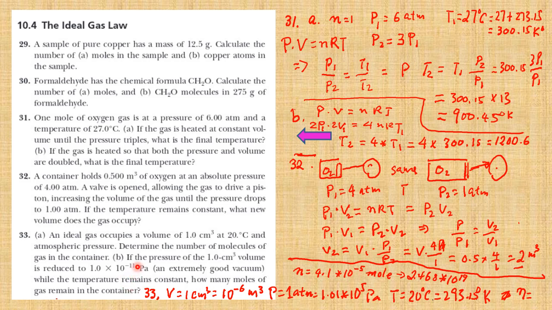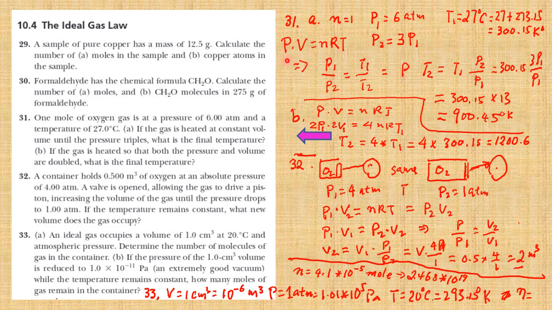So B, I leave this to you. But then if the pressure of this volume is reduced, how can it reduce? Everything else, the volume is the same, and also the temperature is the same. So what can happen? We'll reduce pressure. So think about it. The volume is the same, the temperature is the same, the pressure is reduced.